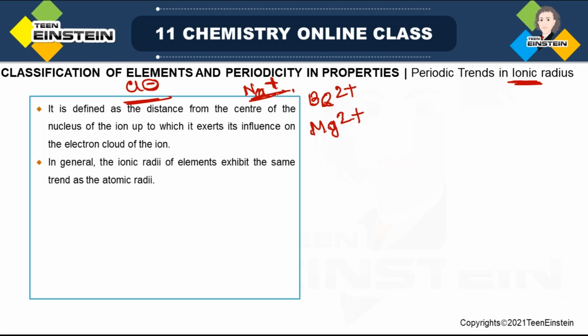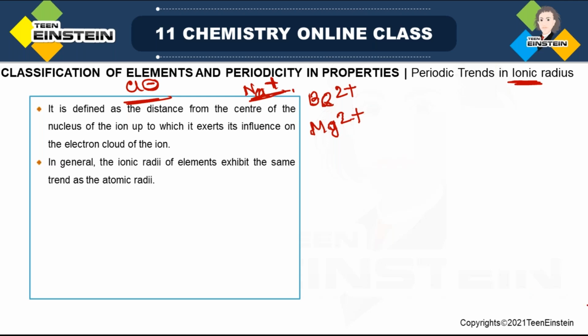Now, for atoms, suppose Na and the next element Mg, you can easily compare that from sodium to Mg you are moving left to right, so the size will decrease. But now, as there is a positive charge, and it is not the same positive charge, it is +1 for group 1 and +2 for group 2, they do not have the same type of charge. So how can you compare?